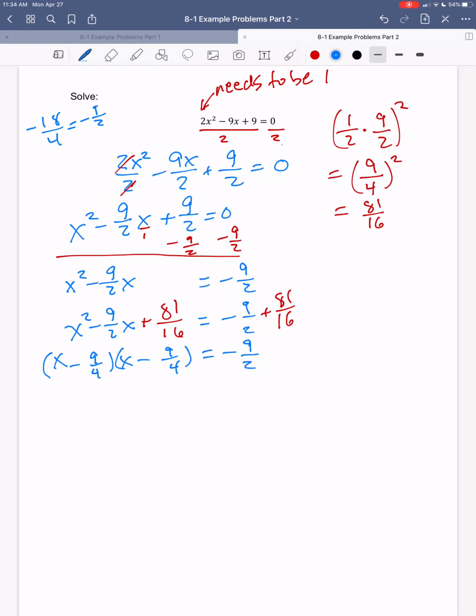Over here, I'm going to want to combine these together, but I'm going to need a common denominator. So can I turn the 2 into 16? Sure. I just need to multiply by 8. But whatever I do to the bottom, I have to do to the top.